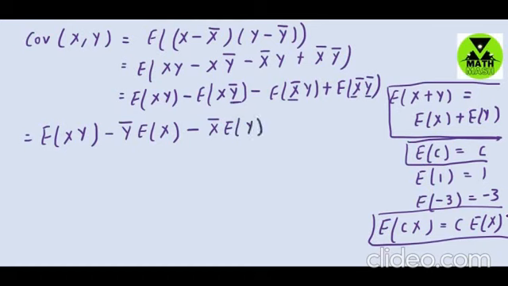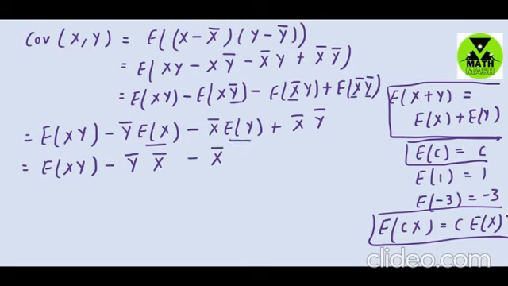And here both x bar and y bar are constants, so expected value of a constant is the constant. This becomes x bar y bar. And what is this x bar y bar? It is nothing but the means. So we can write this as expected value of xy minus y bar. What is expected value of x? This is the mean, so we can write this as x bar, minus x bar.